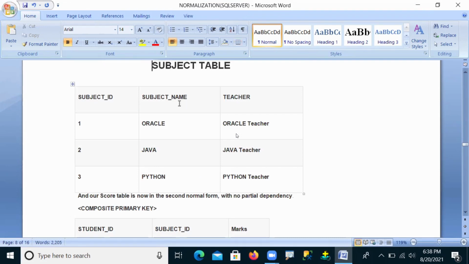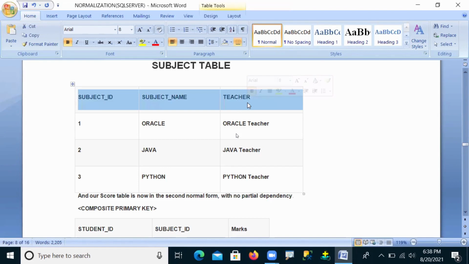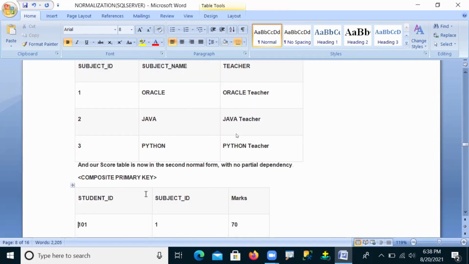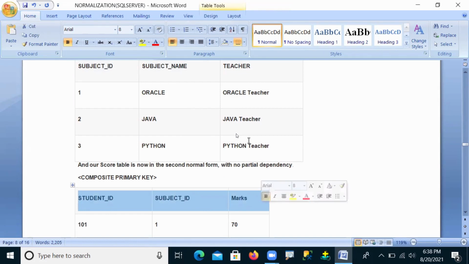This is the subject table: subject ID, subject name, teacher. This is one table I designed separately to store the data. This is the other table, the score table: student ID, subject ID, marks. Now tell me, do you have any partial dependency column in these two tables?